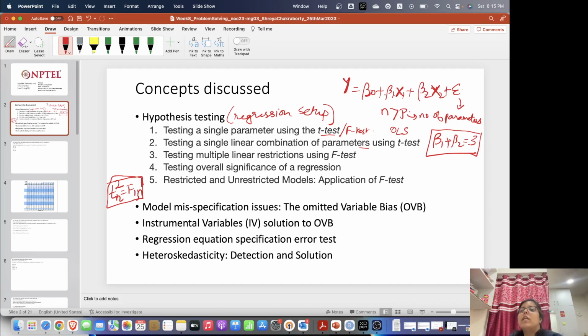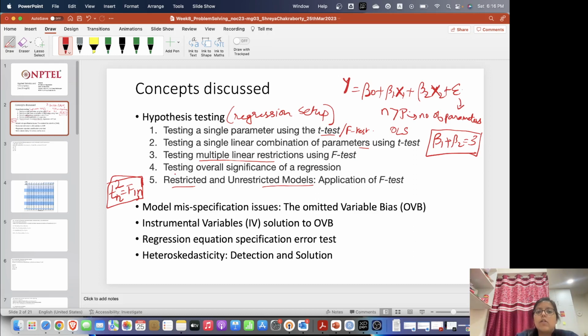Instead of writing both beta 1 and beta 2, we can write beta 2 or beta 1 in terms of the other one, and in that way we are saving on the degrees of freedom, because if both of these are related in some way, then instead of using both, if we do some sort of transformation, we will have fewer parameters to be estimated, and that can prove to be beneficial.